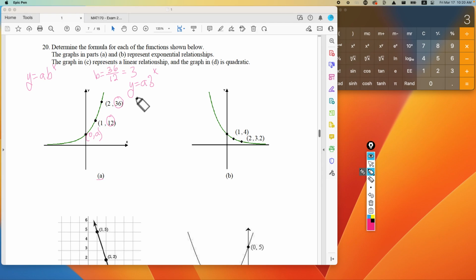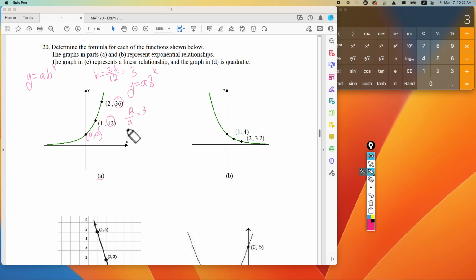And what we can do, though, is we know if we step backward from step 1, that this ratio of 12 divided by a, just like 36 divided by 12 was 3, 12 divided by a also has to be 3. So that is what will help us here.